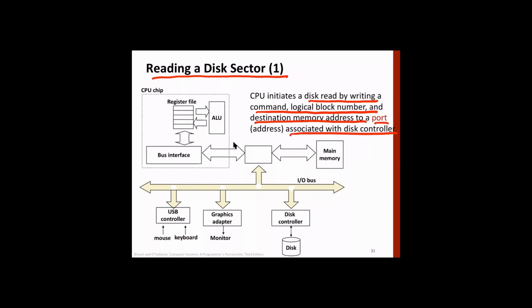So here is a disk controller that's responsible for DMA. The CPU will tell it what all is to be done, and give all this information to the disk controller.